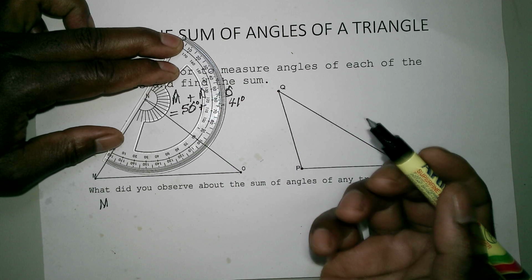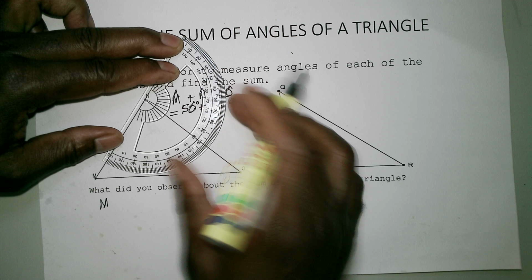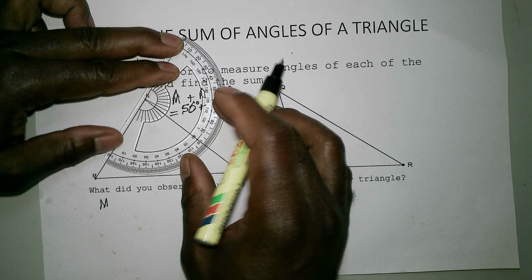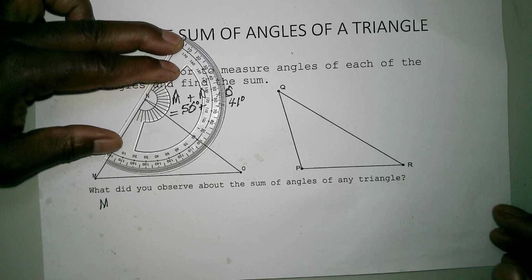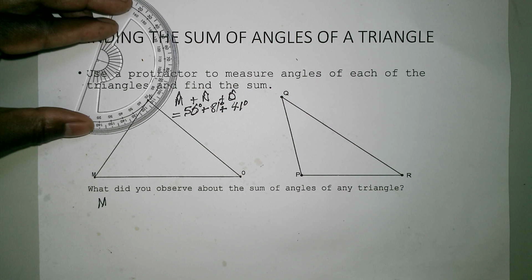Now we use the calculator and see where we go. 56 plus 81 plus 41 is 178 degrees.